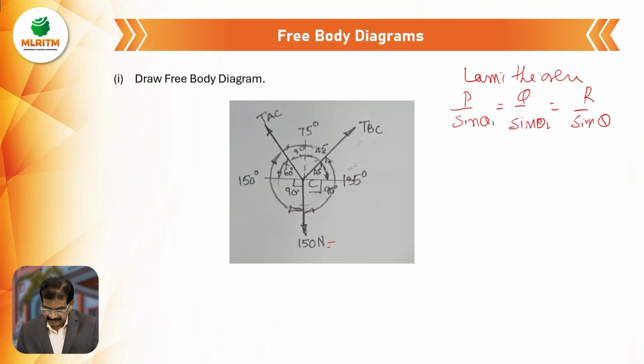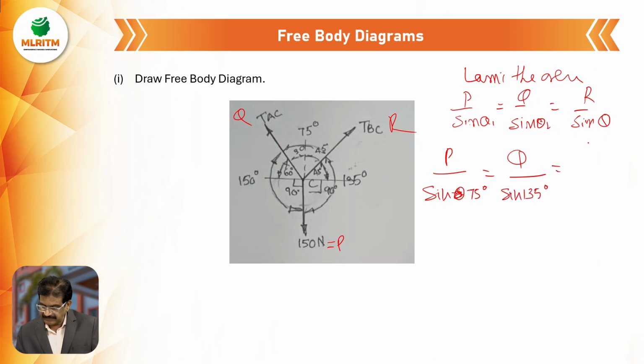Here this is P, this is Q, this is R. Now P by sine of the opposite angle, 75 degrees. Q by sine 135 degrees. R by sine 150 degrees.